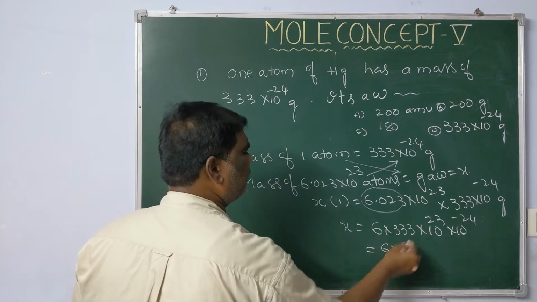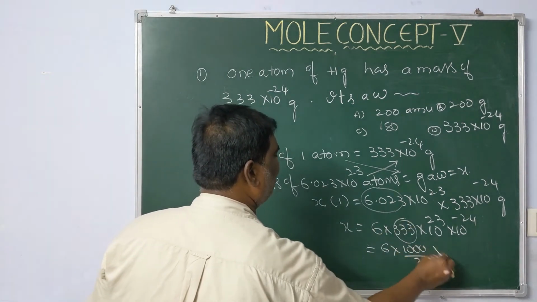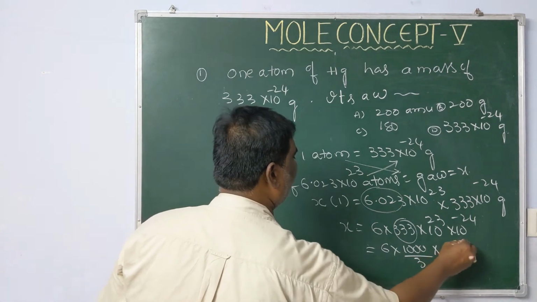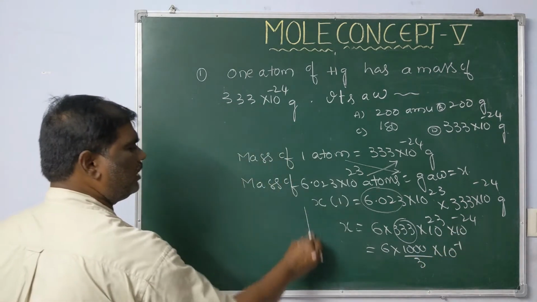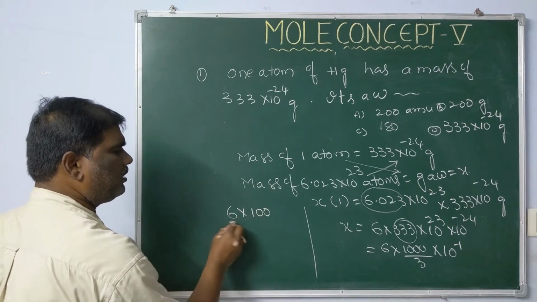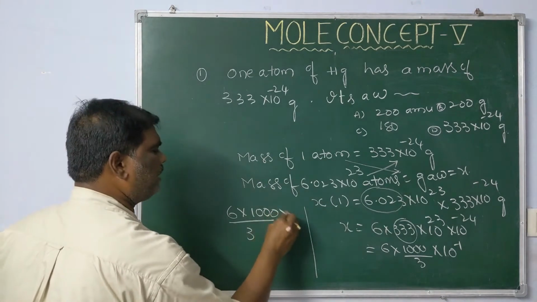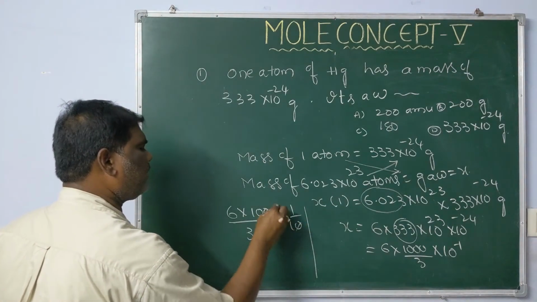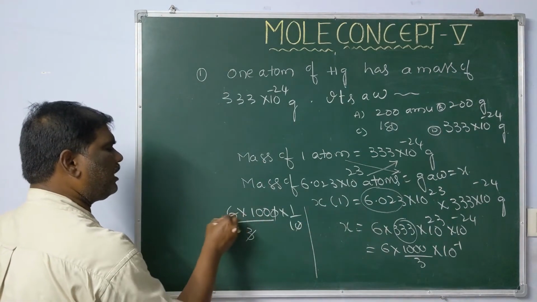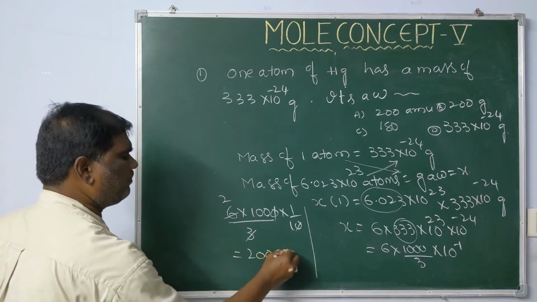Now 3.33 is written as 10 by 3. On further simplification we get 6 into 100 by 3 into 1 by 10. So on cancellation, 3 twos are 6, thus 200 grams I am getting.